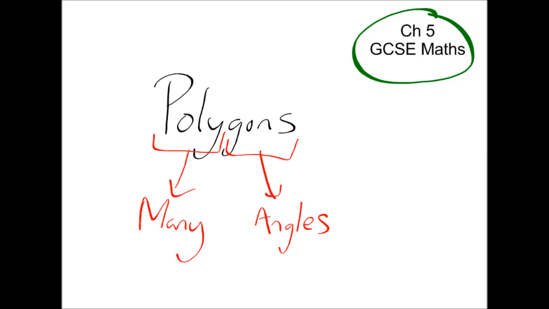What this is actually referring to are 2D shapes. In the olden times they used to think of shapes as having many angles, whereas today we think of them as having many sides, but the principle is exactly the same.